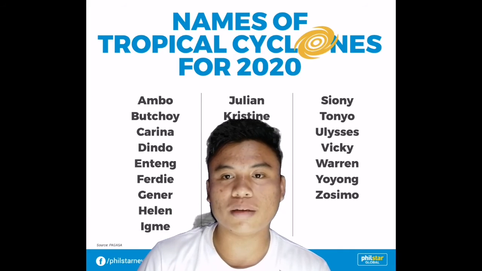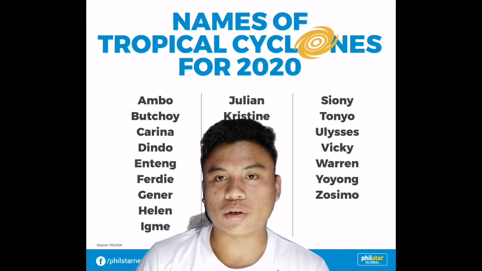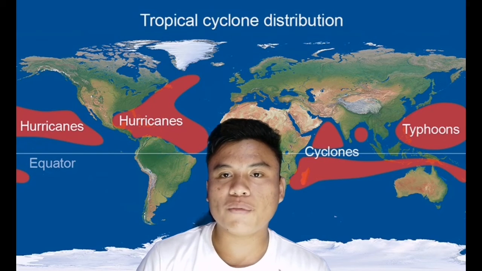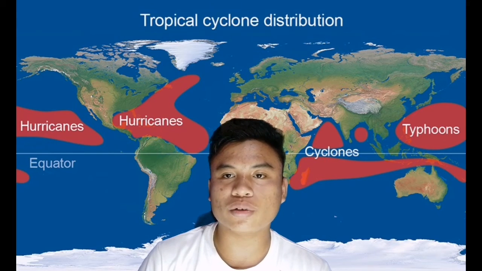So, next, we should talk about how to name a tropical cyclone. Tropical cyclones can last for a week or more, therefore there can be more than one cyclone at a time. Weather forecasters give each tropical cyclone a name to avoid confusion. In general, tropical cyclones are named according to the rules of the regional level. Nations in the northern Indian Ocean began using a new system for naming tropical cyclones in 2000.